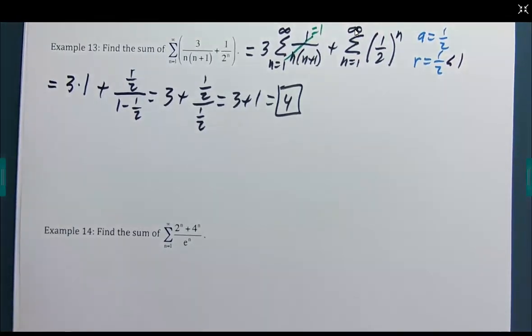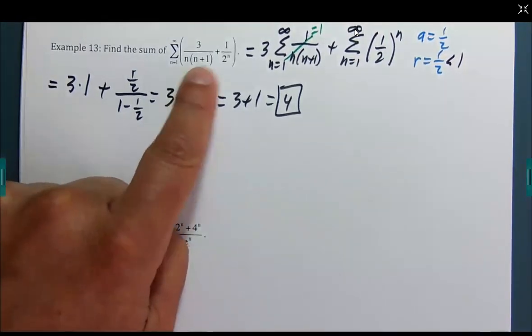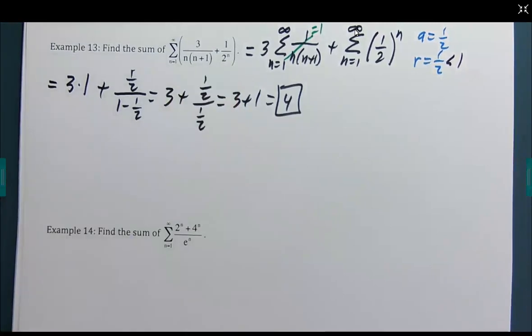Now, we need to keep in mind, let's say this part converged, this part didn't, then we say the whole thing diverges. It's like a true or false answer. If any part of it is false, the whole thing's false.